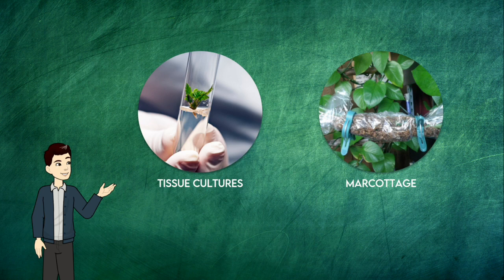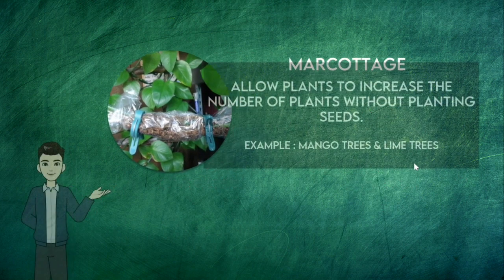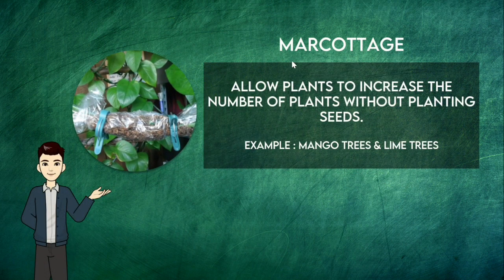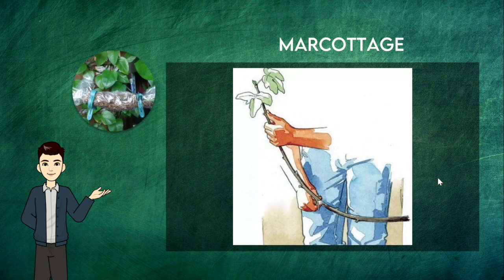There is also marcottage. It came from the French word marcottage. Marcottage allows plants to increase the number of plants without planting seeds. Example, mango trees and lime trees. There are a few ways to do marcottage.